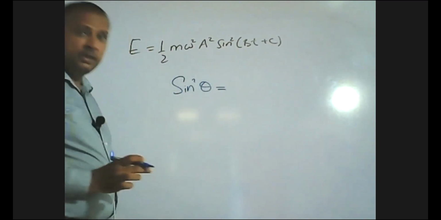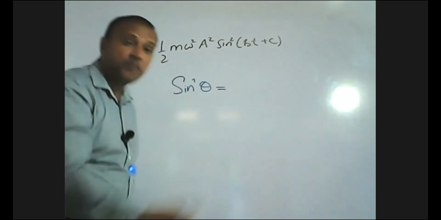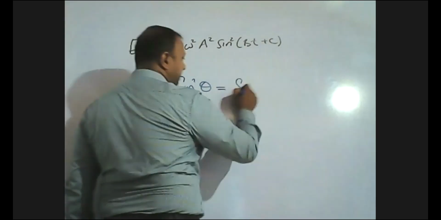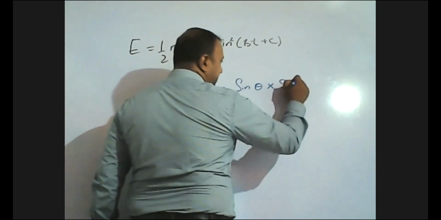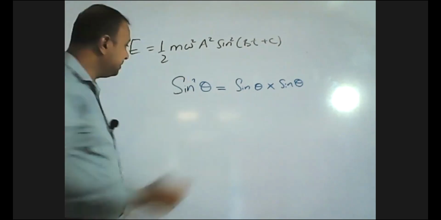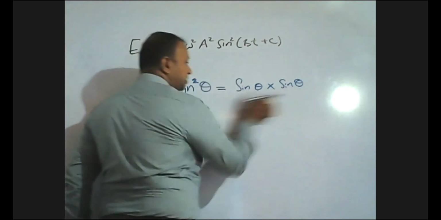It means sin theta is multiplied by sin theta again. Sin square is two sine functions.